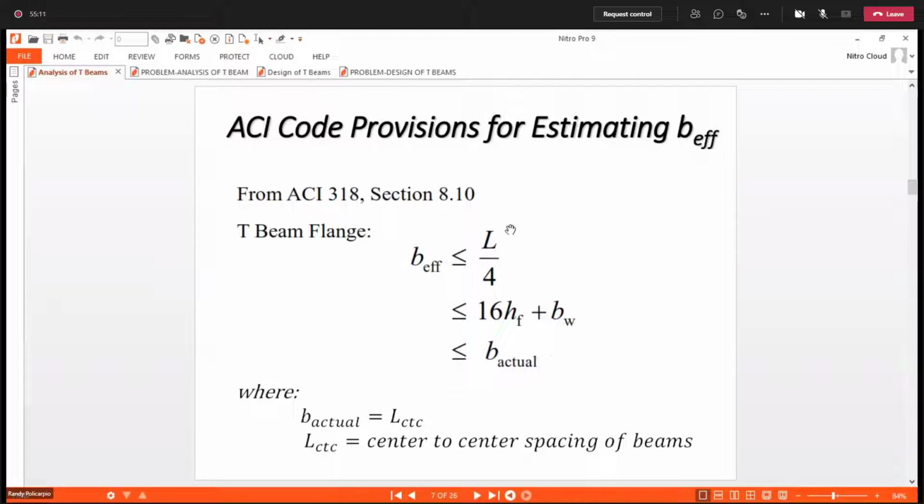So yun yung about this clear span, yung L. So this L over 4. Then another criteria that we need to consider is equal or less than 16 HF. HF, what I mean, yung HF dito, it is the thickness of the flange, no? Okay, thickness of the flange.